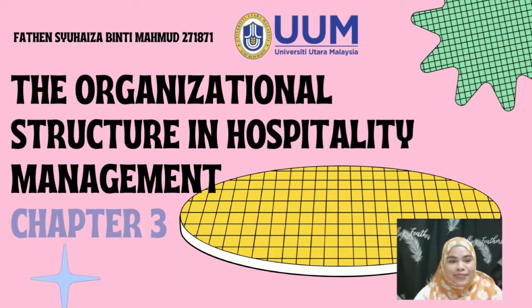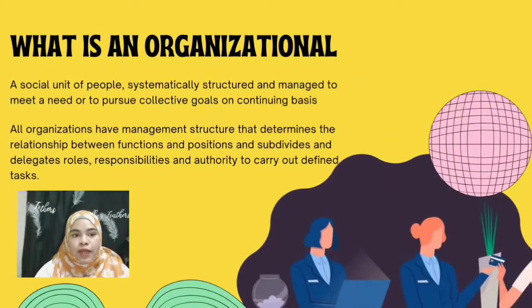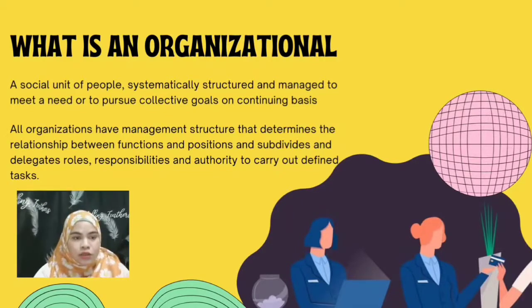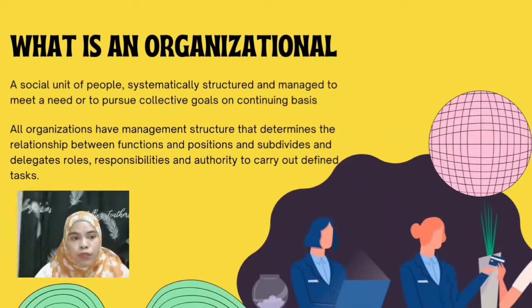For this presentation, I will present about the organizational structure in hospitality management in Chapter 3. So, for the first slide, I will present about what is an organization. An organization is a social unit of people systematically structured and managed to meet a need or to pursue collective goals on a continuing basis.